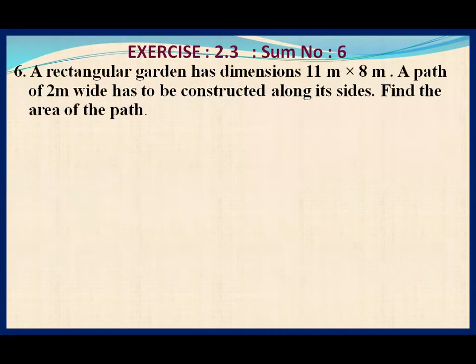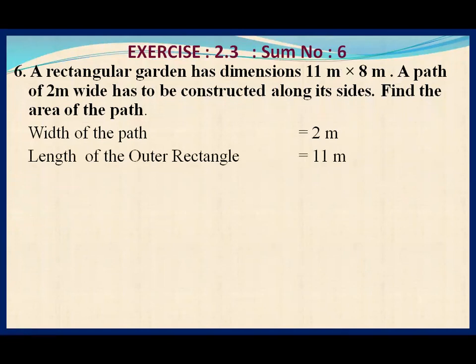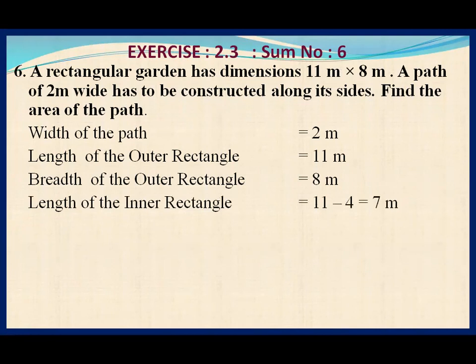A rectangular garden has dimensions 11 meter into 8 meter. A path of 2 meter wide has to be constructed along its sides. Find the area of the pathway. So width of the path is given as 2 meters. Here the length of the garden is taken as the outer rectangle dimension, which is 11 meter, and breadth of the outer rectangle is 8 meter. So length of the inner rectangle will be the length of the outer rectangle minus 2 times the width.